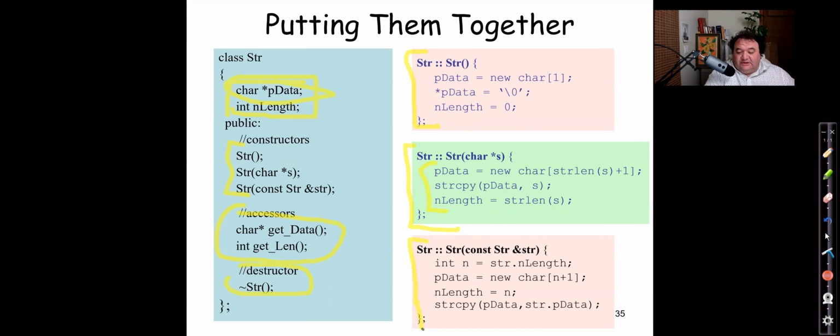Or we can do the constructor through a reference to another string, so not just a flat string for which we would have to compute things, but an object of the same type. Then we copy the length, allocate the array, set the length, and then do the copy of the string itself.